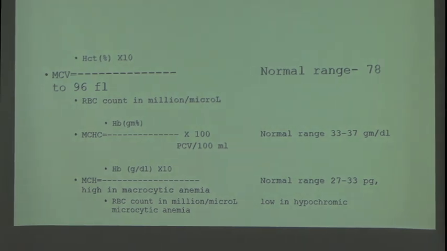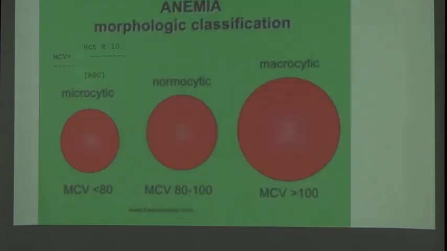You divide the hematocrit, multiply it by 10, then divide by the RBC count, and you will get a value that should be between 78 and 96 femtoliter. The unit is femtoliter. And for MCHC, hemoglobin percent divided by PCV, PCV means hematocrit, into 100. Normal range 33 to 37. MCH is not needed now.